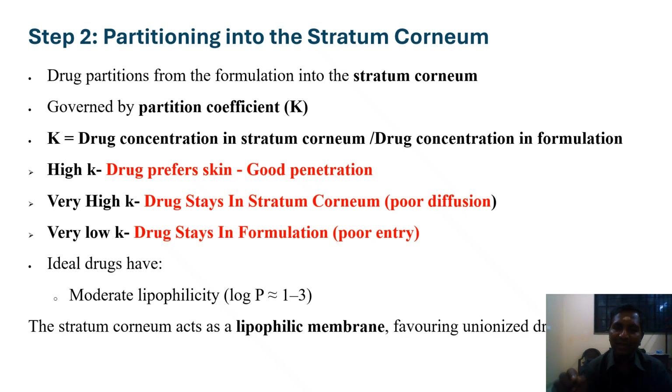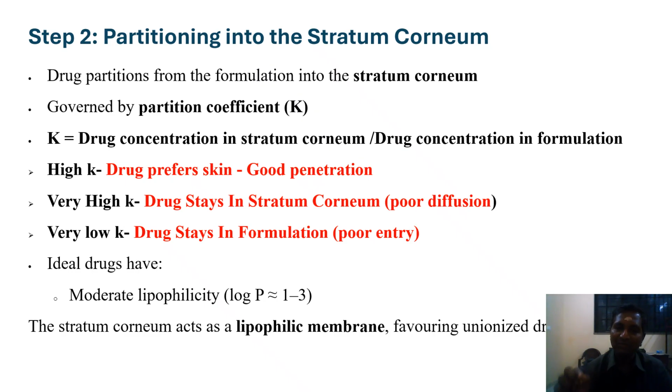If the value of K is high, the drug has a greater affinity for the skin, resulting in good penetration. However, if the partition coefficient is very high, the drug may remain trapped in the stratum corneum and diffusion into the deep layers becomes poor.